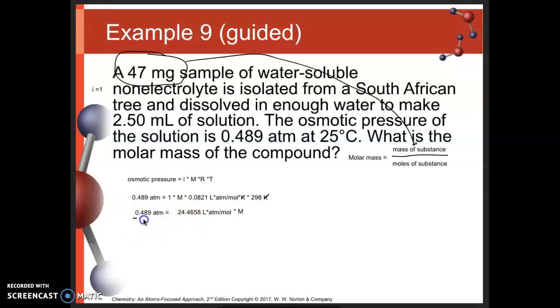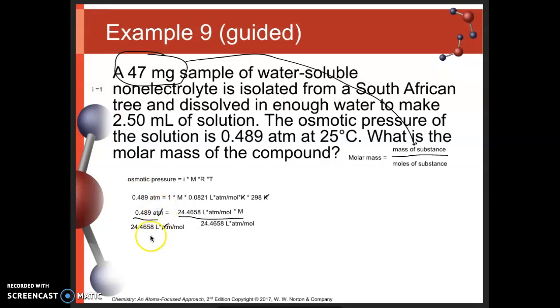If I divide each side by my 24.4658 liter atmospheres per mole, what I get is my atmospheres will cancel.